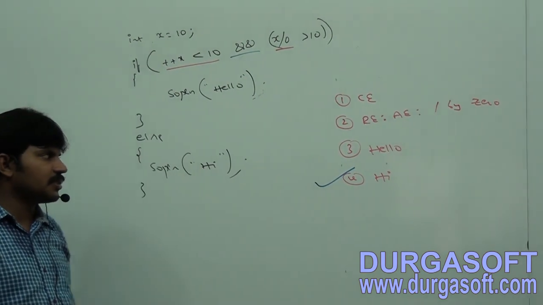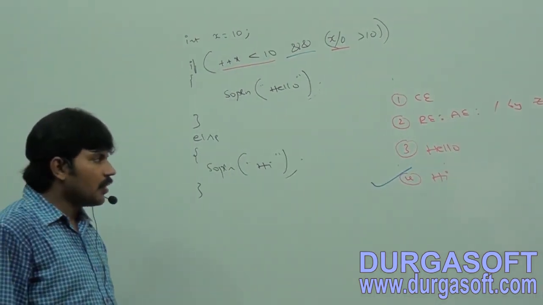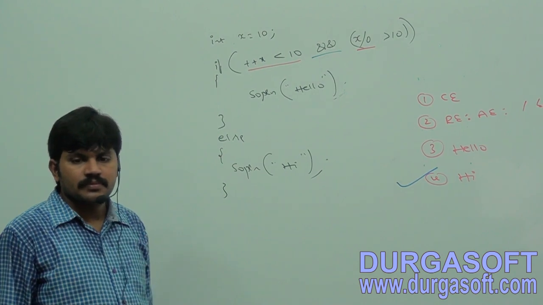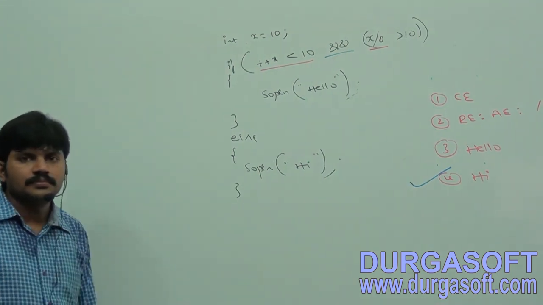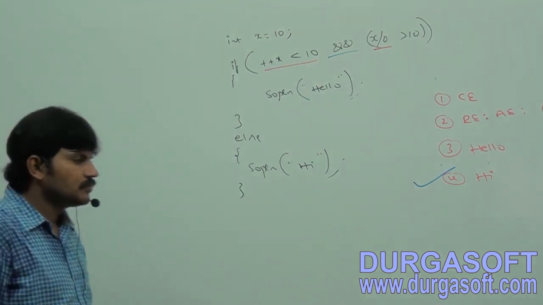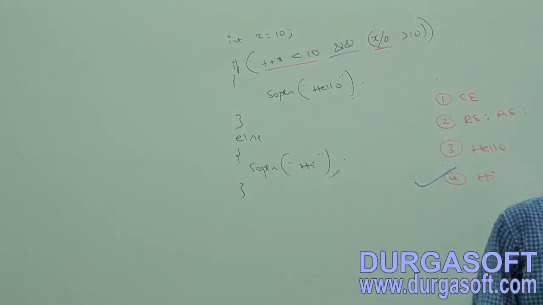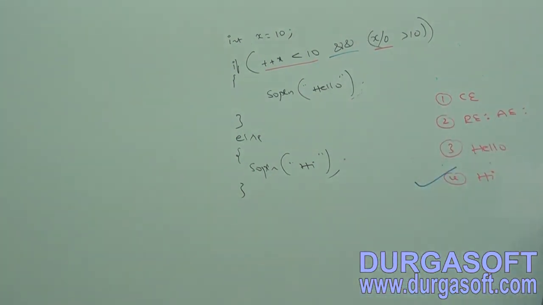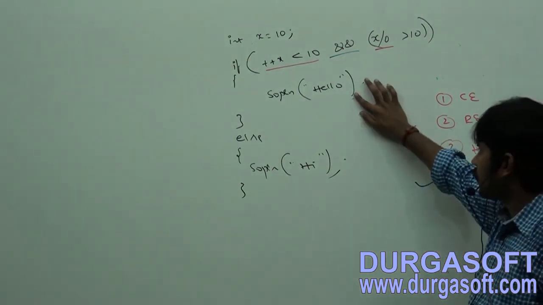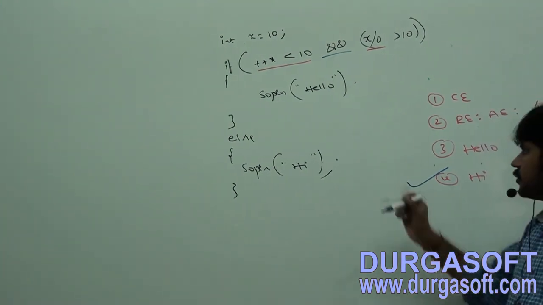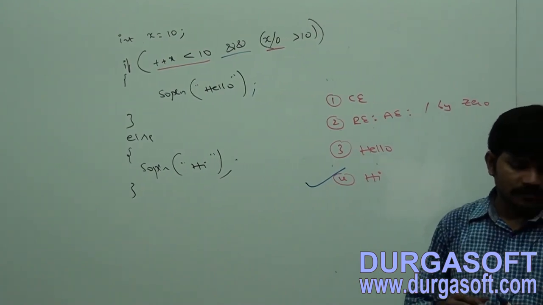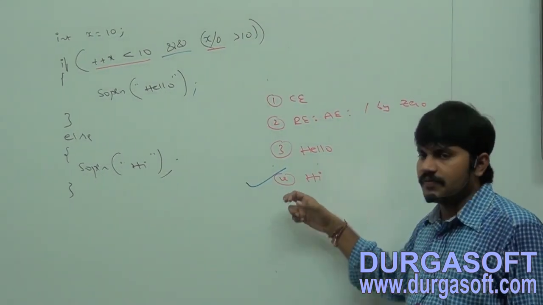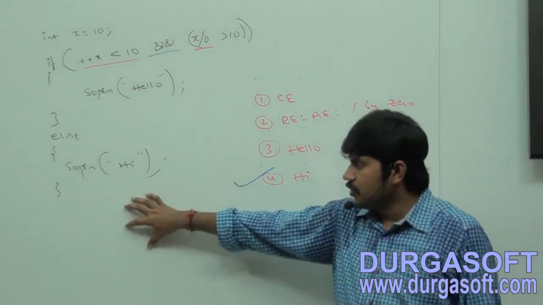Runtime exception, arithmetic exception, division by 0, hello, hi. So hi itself is the answer. Just I add one theory below this.